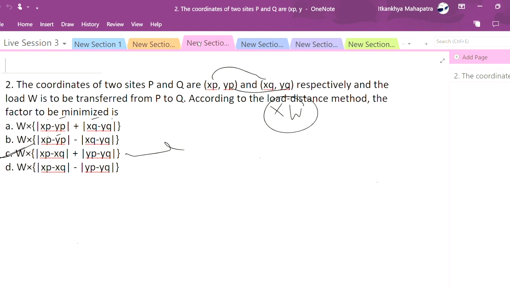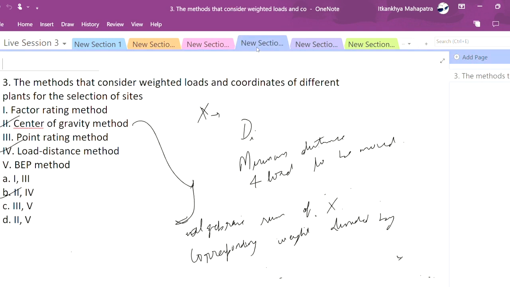This was a question on the factors to be minimized, and how we considered weighted loads and coordinates. We also saw how sites were selected according to the factor rating method, center of gravity method, point weighting method, load distance method, and break-even method.